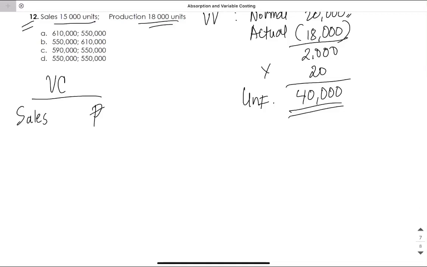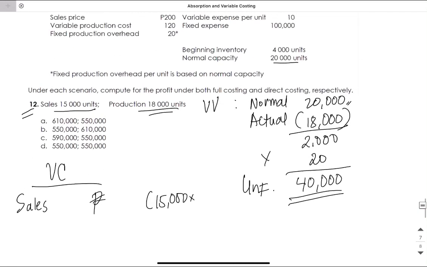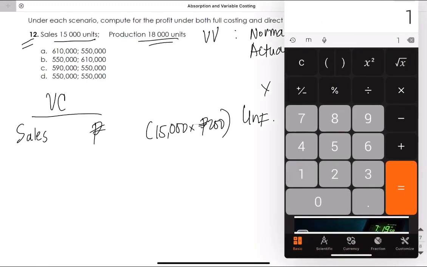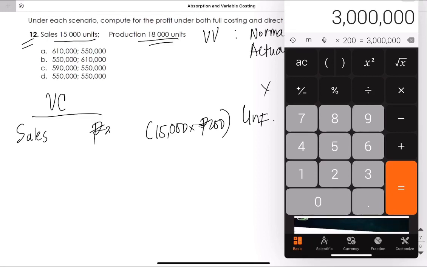Sales: 15,000 times 200, so we have 3 million.